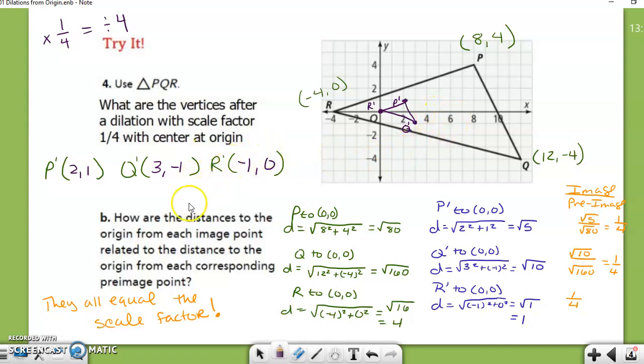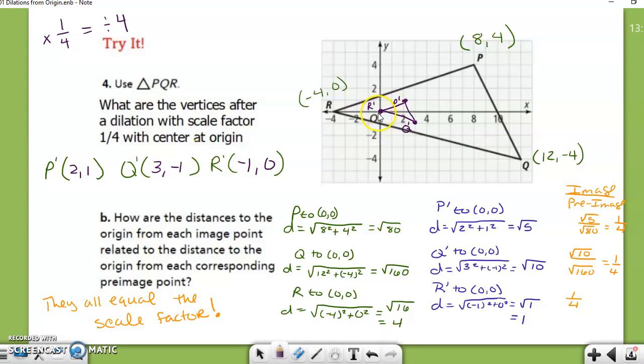Now, how are the distances to the origin from each image point related to the distances from the origin to each corresponding pre-image point? In other words, the distance from P to the origin and from P prime to the origin. How do these distances compare from R to the origin and from R prime to the origin?